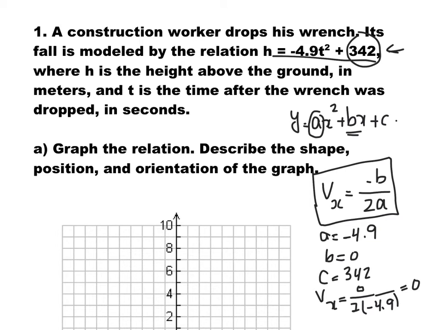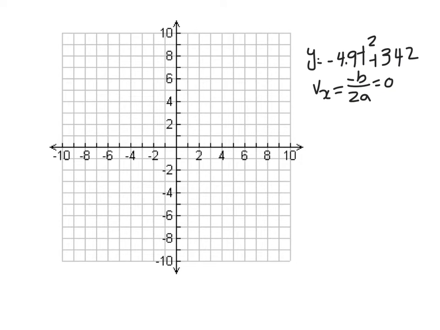This means that the vertex is going to be on the y-axis. Now that we know the x-coordinate of the vertex, I put it back into the equation and find v sub y: negative 4.9 times 0 squared is 0, plus 342. So the vertex is going to be at (0, 342).